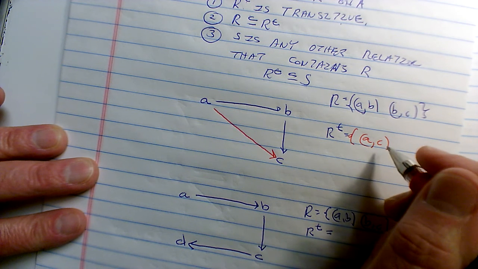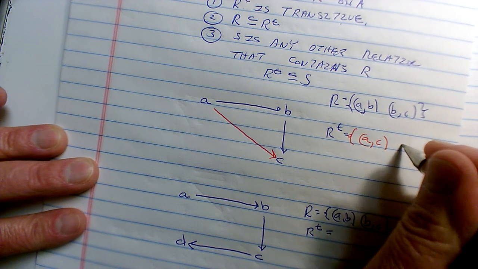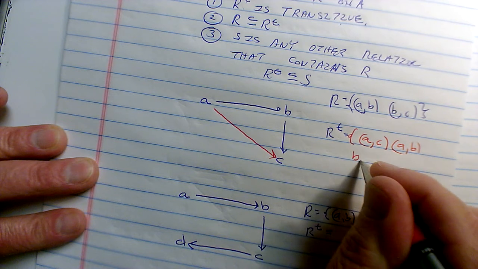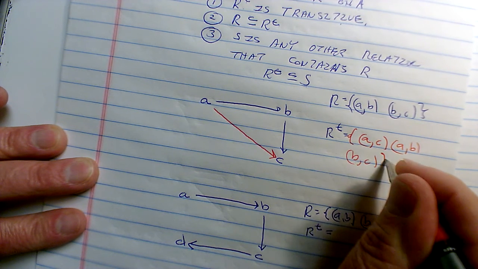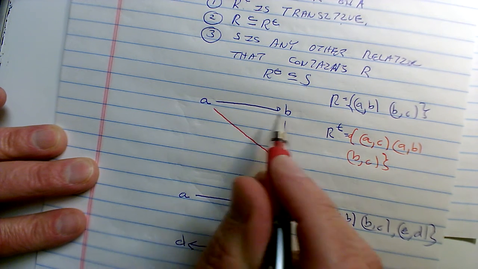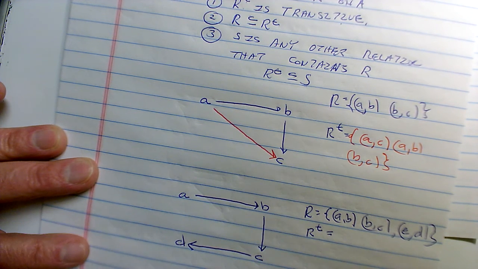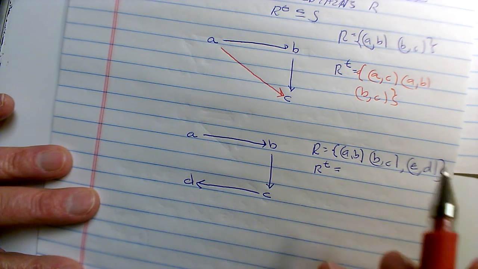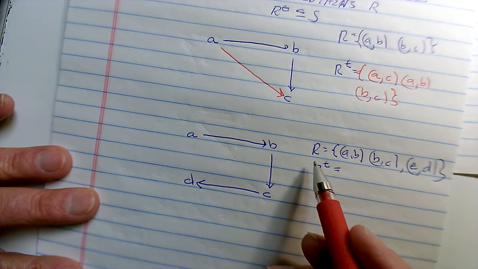But the set of transitive closure is a superset of this, so it also has (A, B) and (B, C) in it. So it's a superset of the relation that adds in the transitive property, I should say.